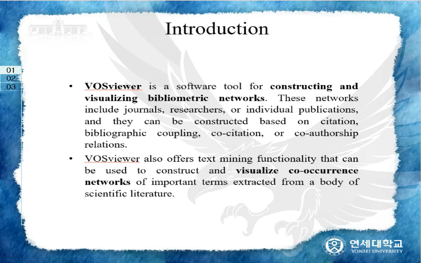These networks include journals, researchers, or individual publications, and they can be constructed based on citation, bibliographic coupling, co-citation, or co-authorship relations. VOSviewer also offers text mining functionality that can be used to construct and visualize co-occurrence networks of important terms extracted from a body of scientific literature.